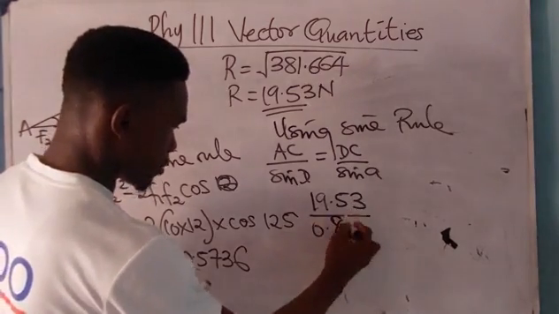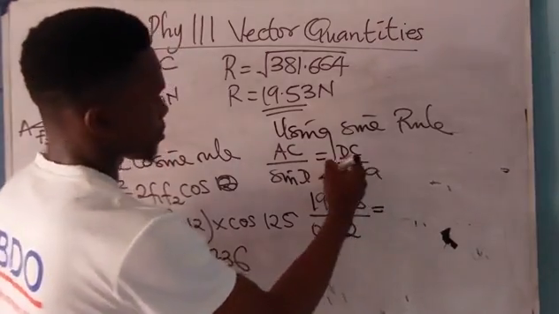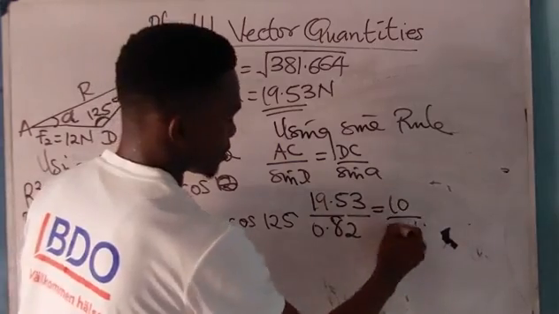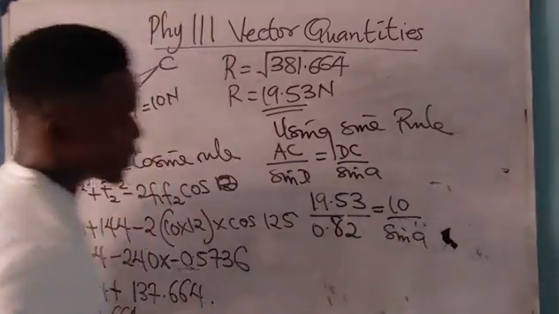Let me make it 0.82 approximately. Equals DC. DC is 10, then sine A. That's what we are calculating for.